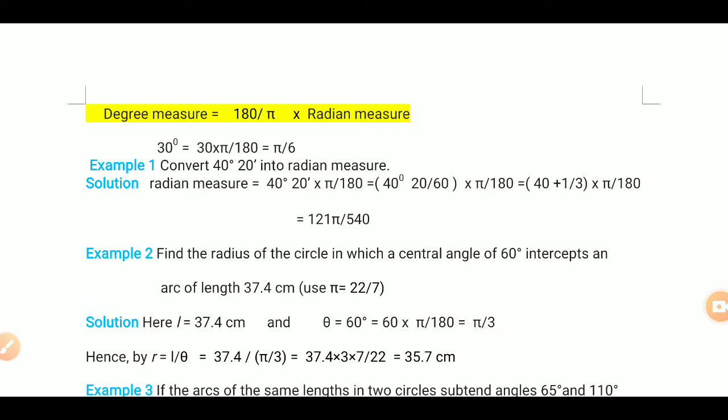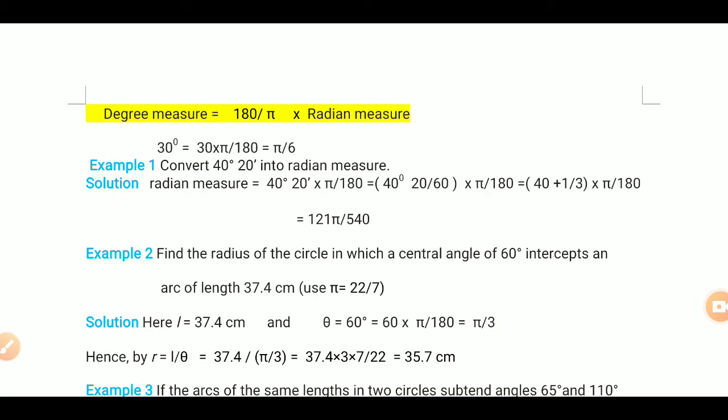So radian measure is equal to 40 degree 20 minute multiplied by pi by 180. 20 minute will be converted into degree, so it will be 20 by 60, because 60 minute is equal to 1 degree. So 20 minute is equal to 20 by 60 degree into pi by 180.